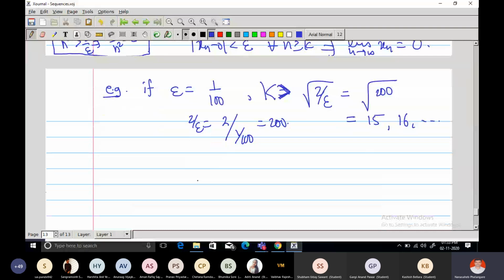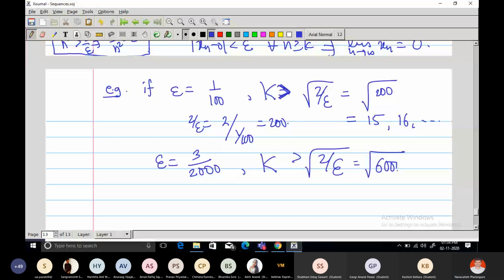If epsilon is equal to 3 upon 2000, what is k? You tell me what is k. It is 4000 divided by 3.